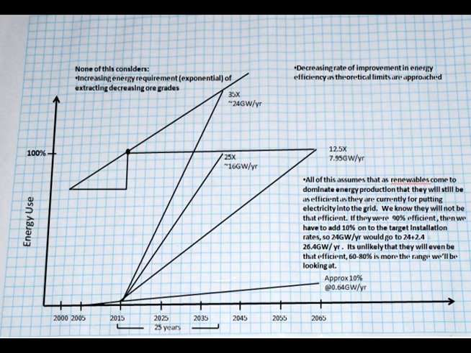Finally, all this assumes that when renewables come to dominate the grid or the whole energy system, they would be just as efficient as they have been when we put electricity into the grid. And renewables are really efficient at putting electricity into the grid because pretty much that's what comes straight out of the solar panel or the wind generator. And when you transmit electricity, it's also very efficient. You lose very little.